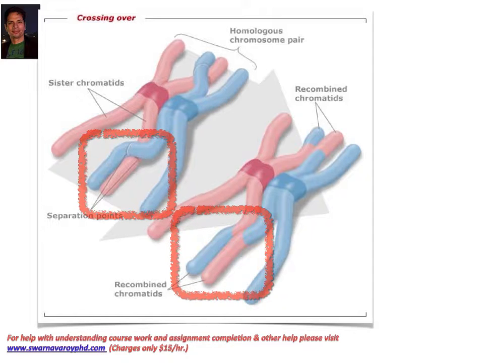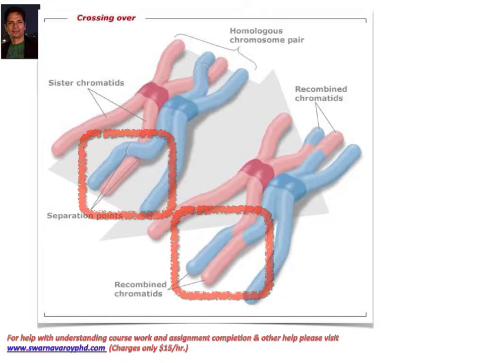So what it means is all the genes in the blue lower part have been shifted to the pink chromosome. It's called gene shuffling, and this is one of the biggest reasons why we are unique.